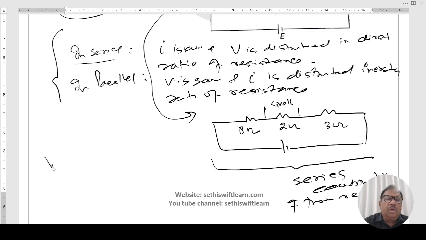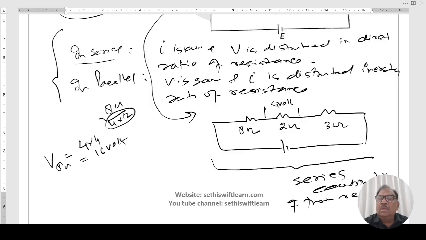So V across 8 ohm resistance will be 4 times 4, that is 16 volt, because 8 ohm is 4 times 2 ohm, and across 2 ohm is 4 volt.